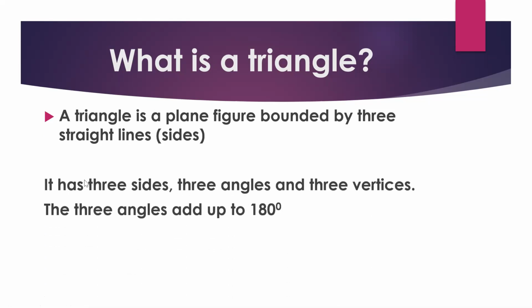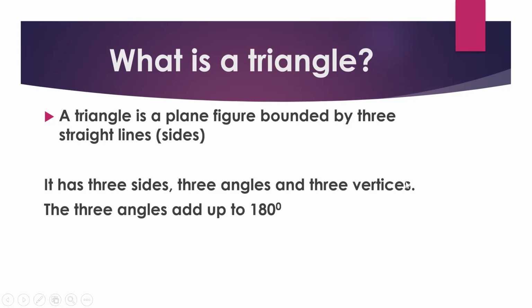Additional information, as we mentioned, it has three sides, and it also has three angles and three vertices. Remember the angle, whenever two lines meet, we have angles being formed. So it has three internal angles and three vertices. If you can remember when we looked at angles, the point where the two straight lines meet was called a vertex.